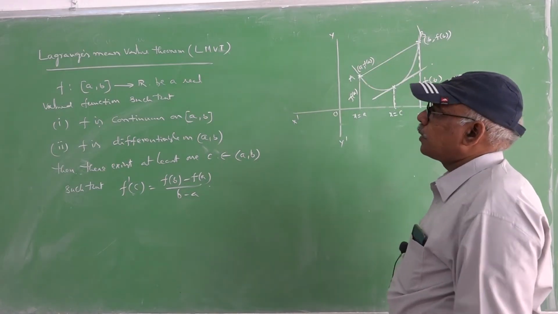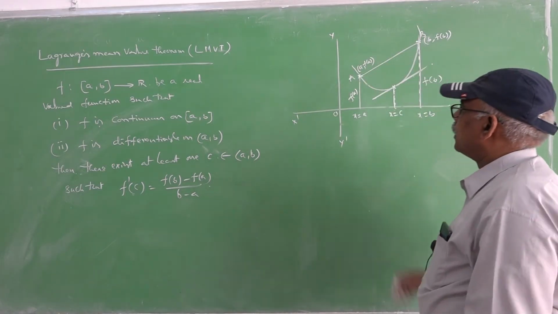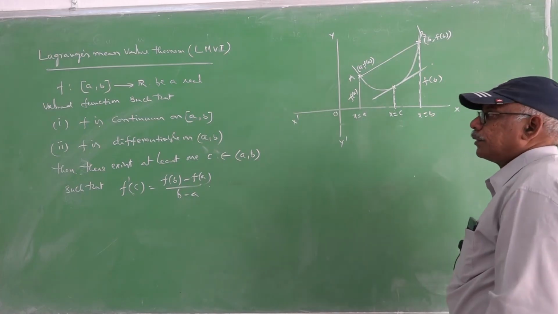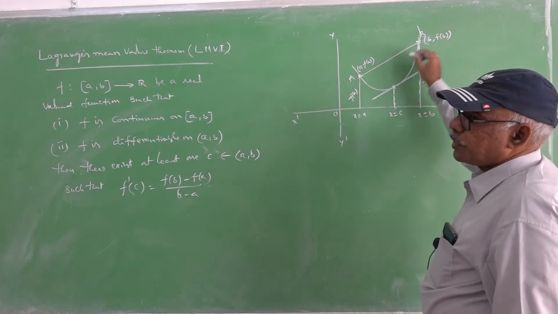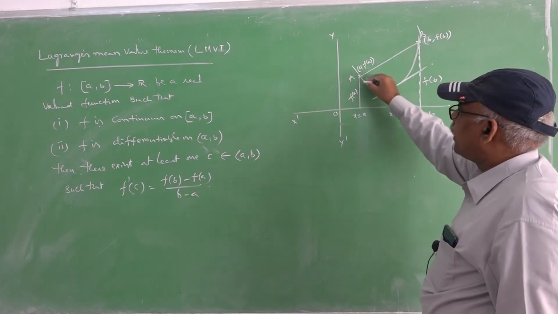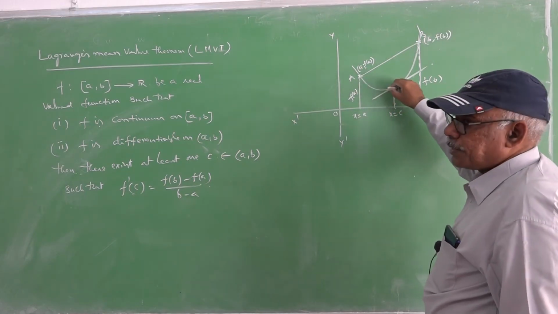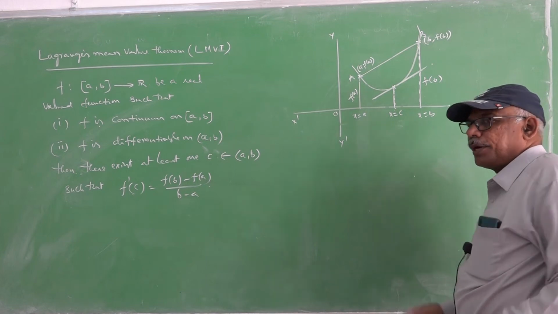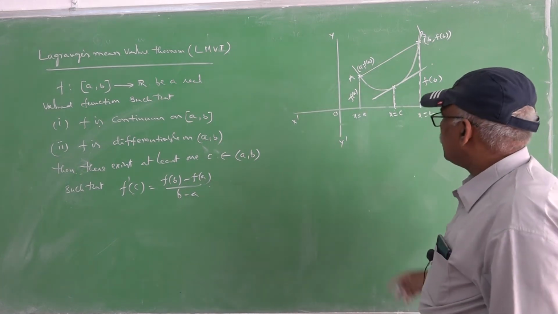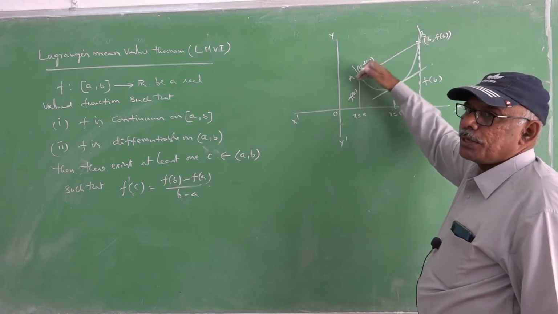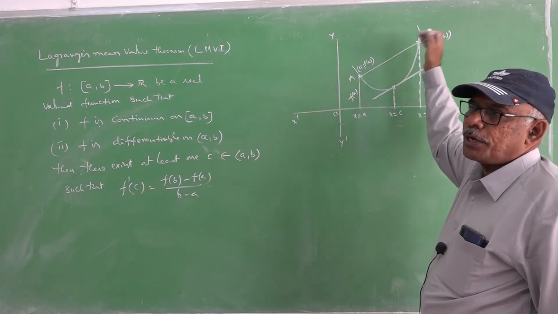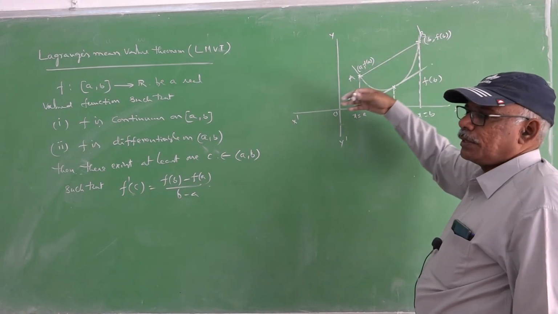Lagrange's mean value theorem announces like that. This is the geometrical interpretation. Once the graph is continuous in [a, b] and differentiable, meaning the tangent exists at each and every point in between, certainly there exists one point where the tangent is parallel to the chord joining the end points of the interval.